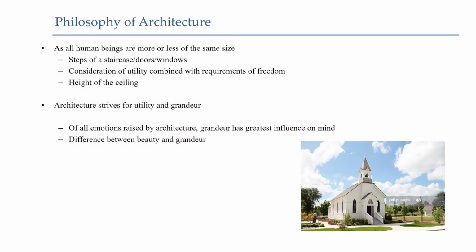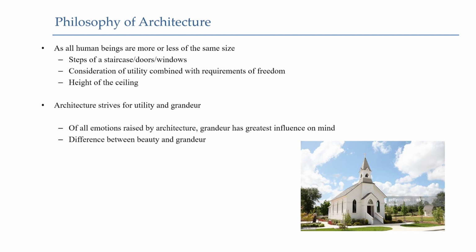But not only that, he says that people need freedom, freedom in the sense of movement, freedom in the sense of, say, looking out or looking in, freedom in the sense of doing things that anybody would like to do inside a house. So, he said that architects must consider both the utility of various structures and the requirements of freedom of people who are living in that house.